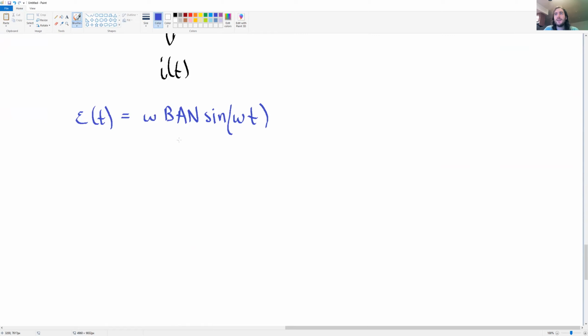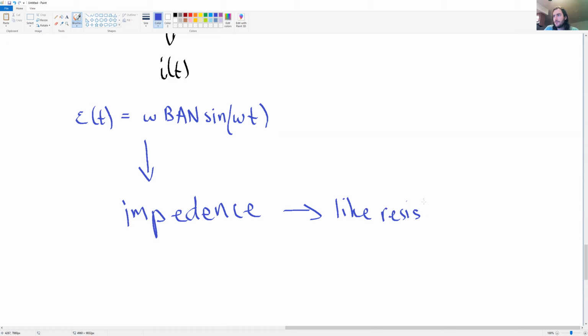And the reason is because when we have a source which is alternating, we can define a quantity called impedance. And impedance is like resistance. In fact, impedance is the resistance for a resistor.